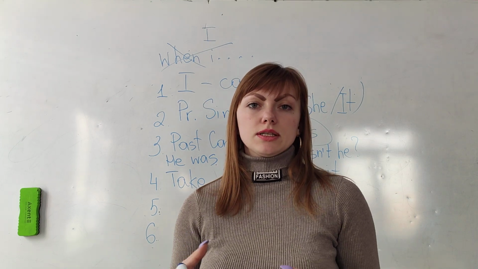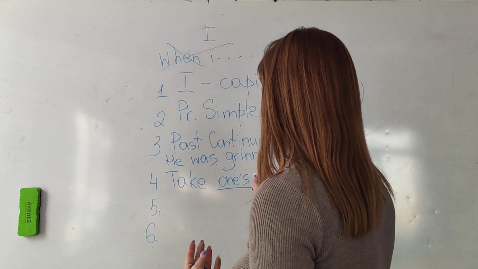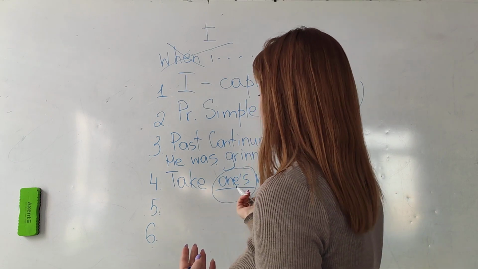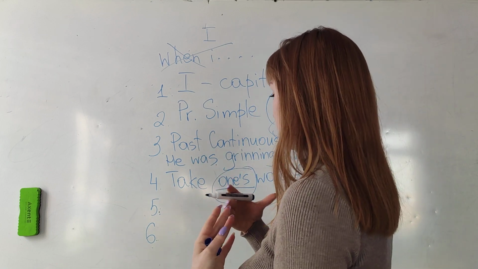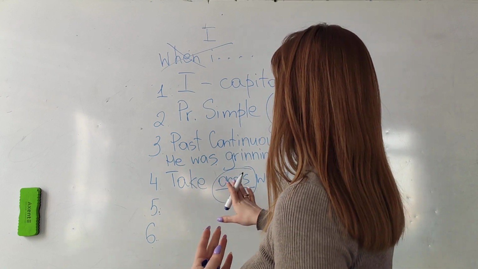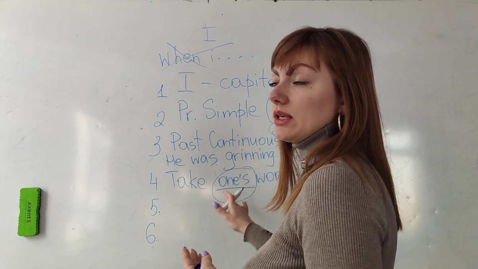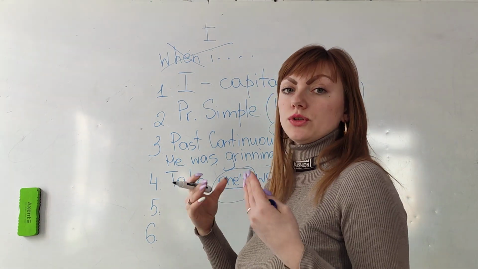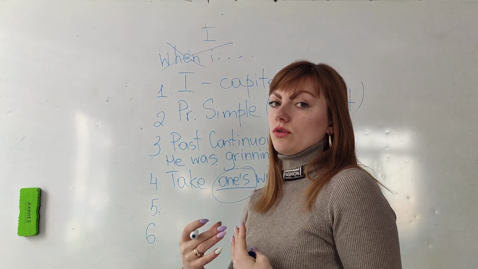To believe, yes? Повірити на слово. You have made a lot of mistakes in this part. For example, I have to take your word for it. Я повинна повірити тобі на слово. Your means, тобто дослівно я повинна взяти твоє слово.